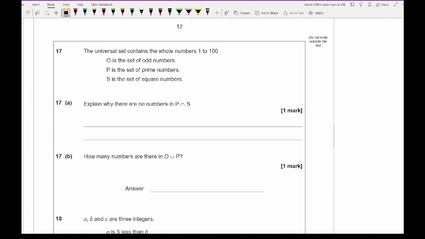So here what we want to state, and there's a couple of ways in which you could say what you need to get the 1 mark, but you could say something along the lines of that square numbers have more than 2 factors, excluding 1, which only has 1.